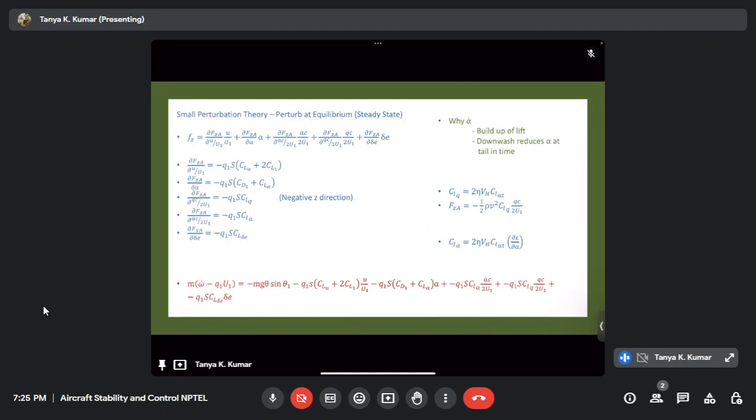Then another parameter that contributes is the downwash. What was downwash? Can someone tell me? We had discussed this extensively in this series.